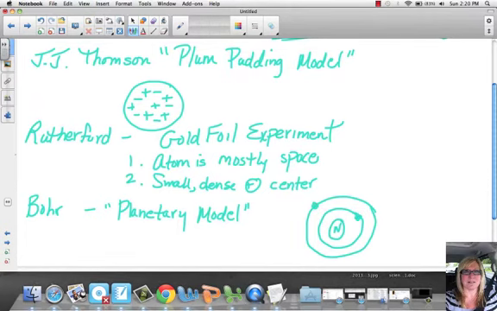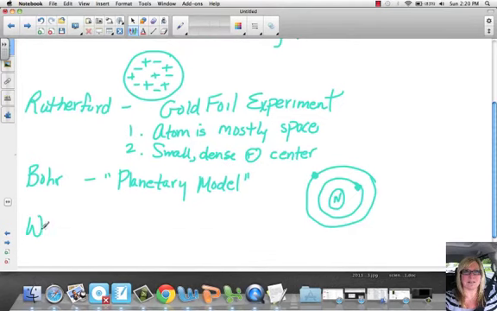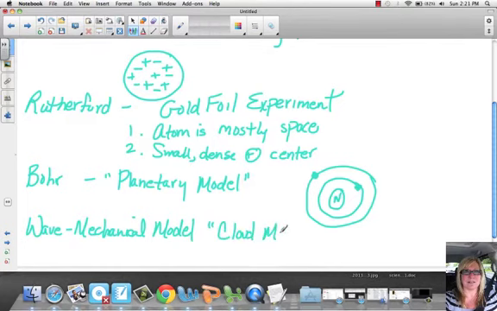And then lastly, we have the wave mechanical model, which is sometimes referred to as the cloud model.